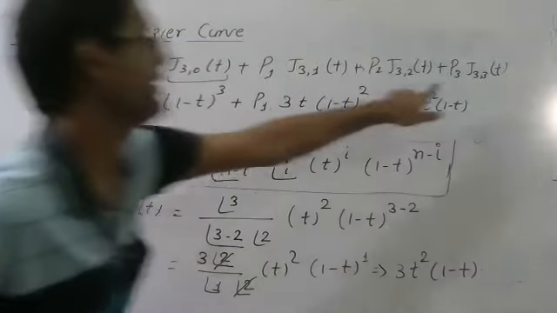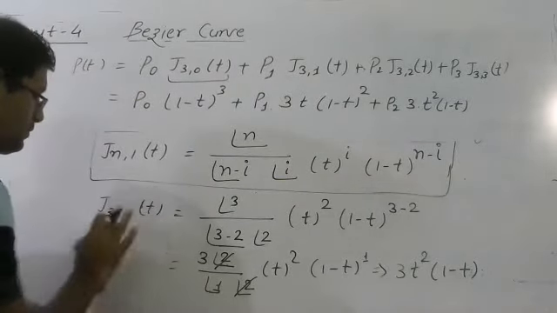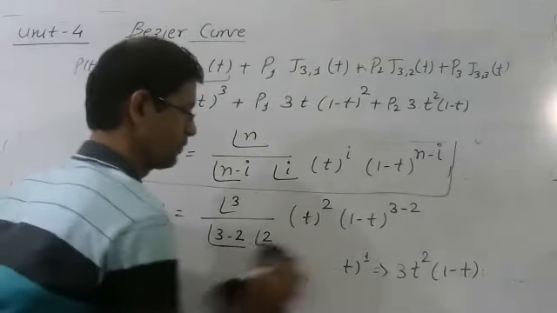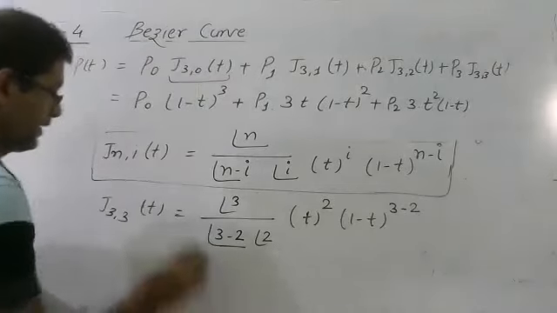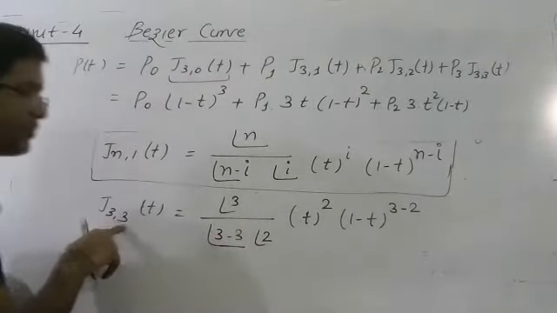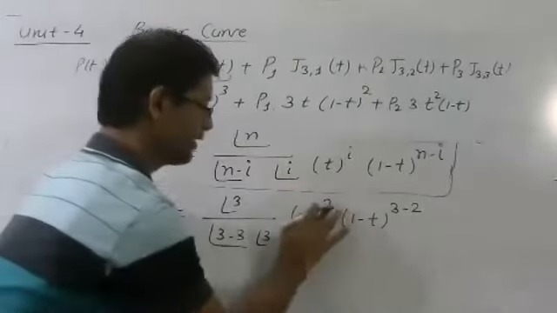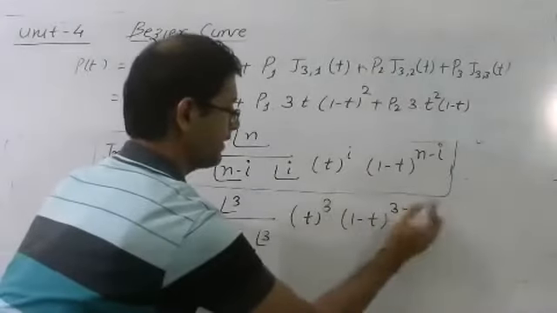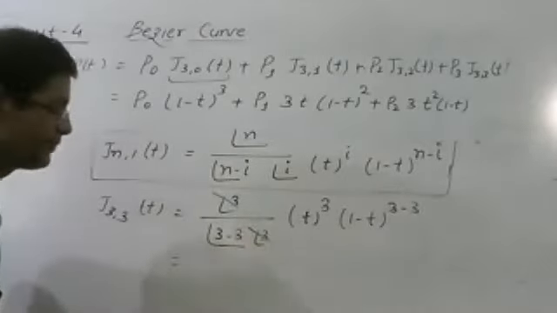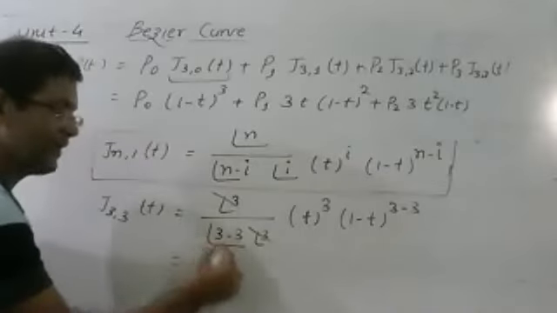Now the last one, that is J3,3. That is factorial 3 minus 3 because value of i is also 3. Factorial i means factorial 3, t to the power 3 and (1 minus t) to the power 3 minus 3. Here this factorial 3 will get cancelled. 3 minus 3 will become factorial 0, and the value of factorial 0 is 1.